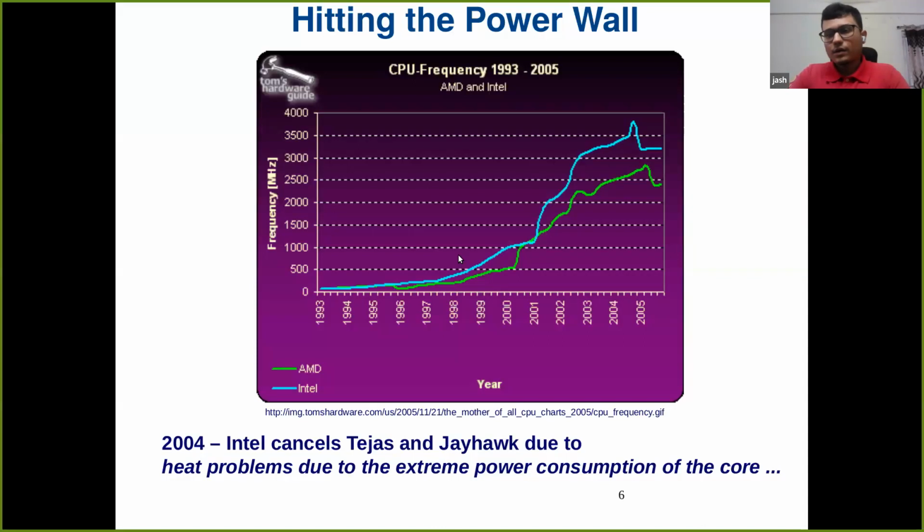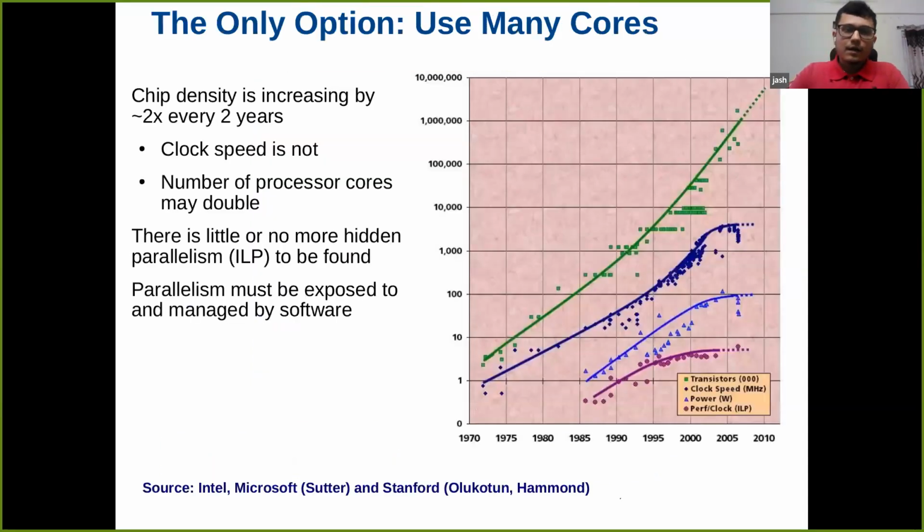So we hit the power wall. But now what is the solution to this? As I said, during this era, the early 2000s, the number of transistors that we can place in the IC were still increasing. You can see this straight line. But the clock speed is now hitting a plateau.